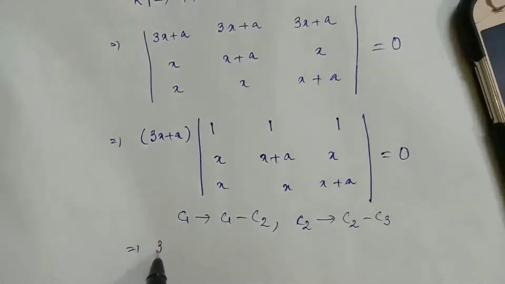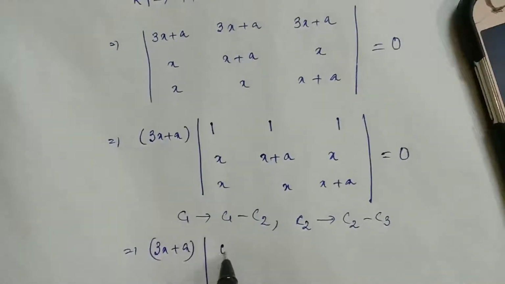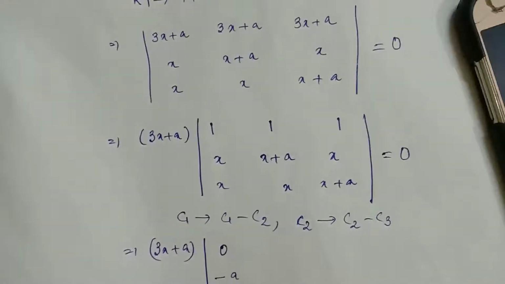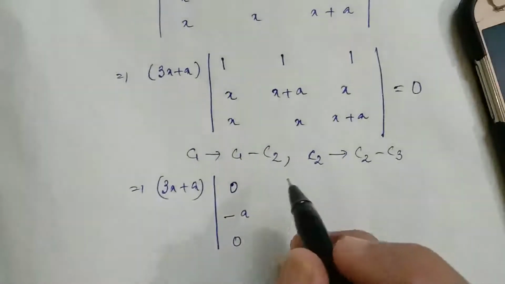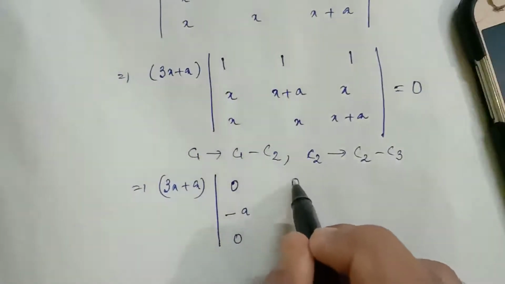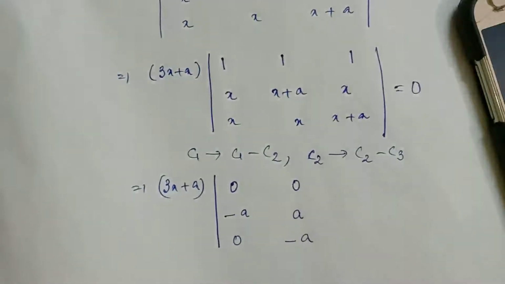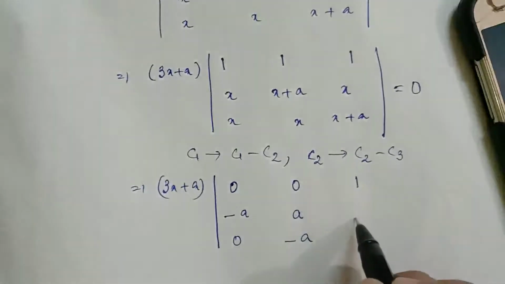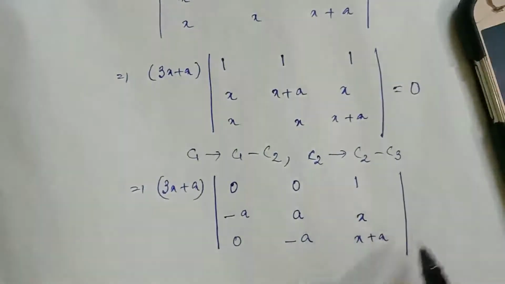So c1 minus c2 will give us 0, minus of a and 0. c2 minus c3 will give us 0, a and minus of a, 1, x plus a equal to 0.